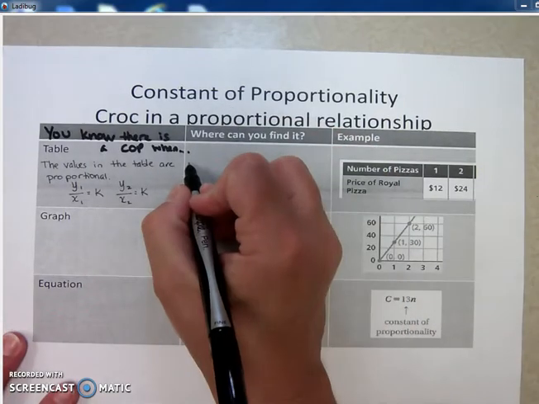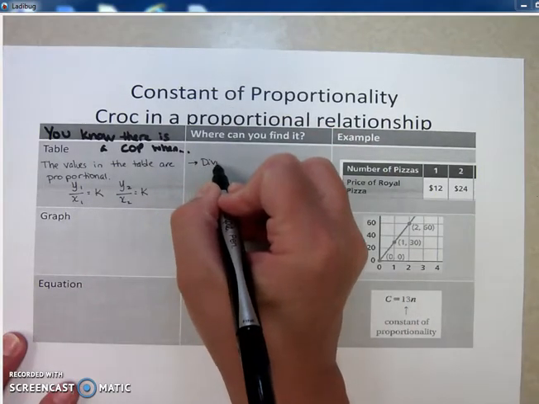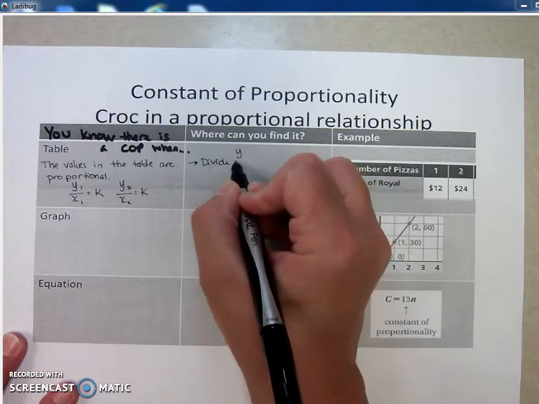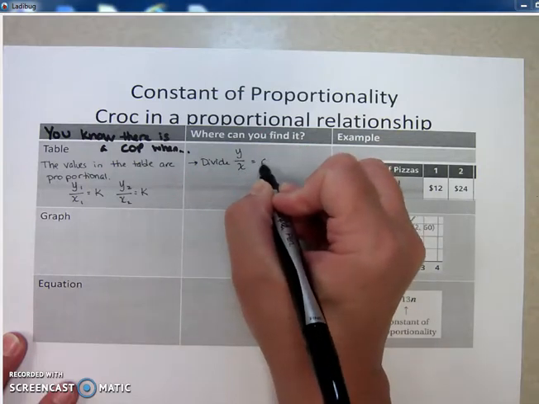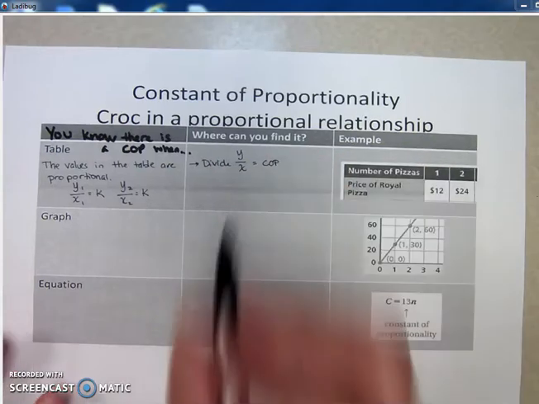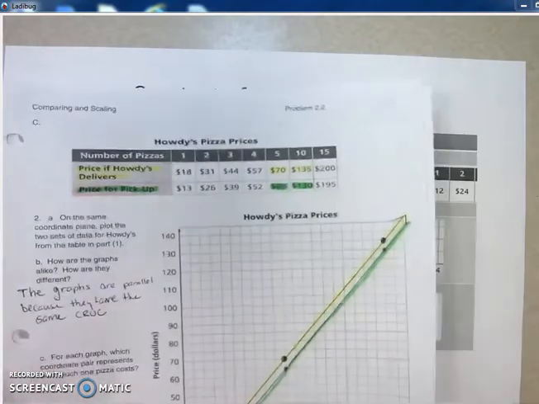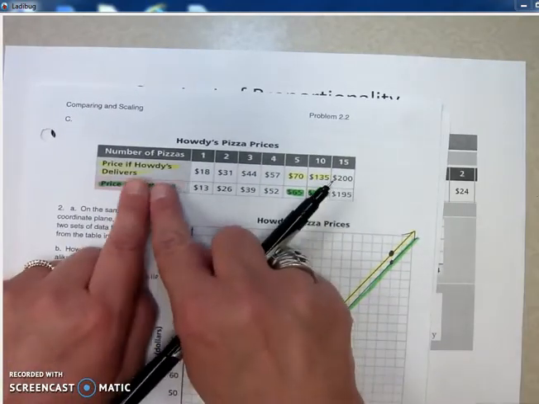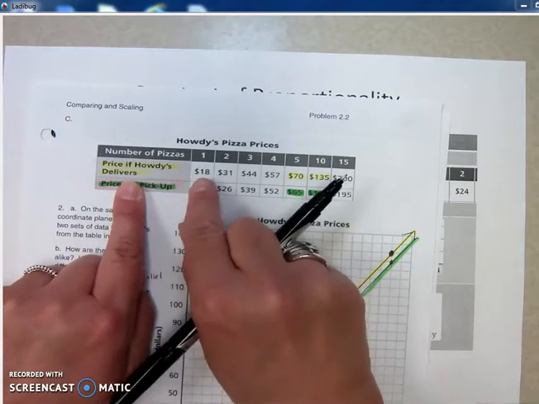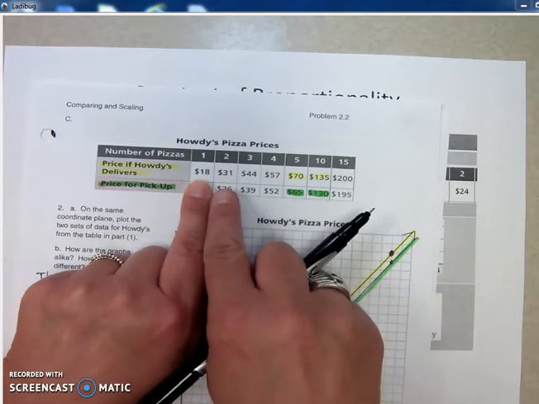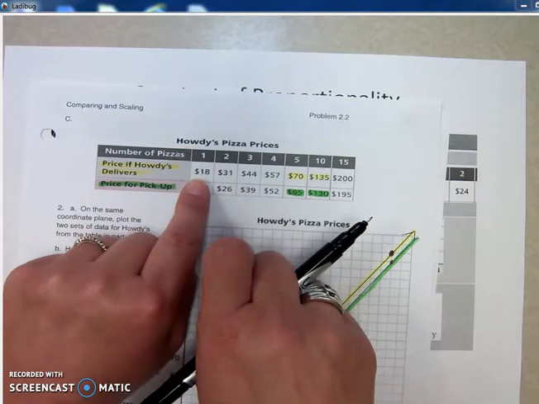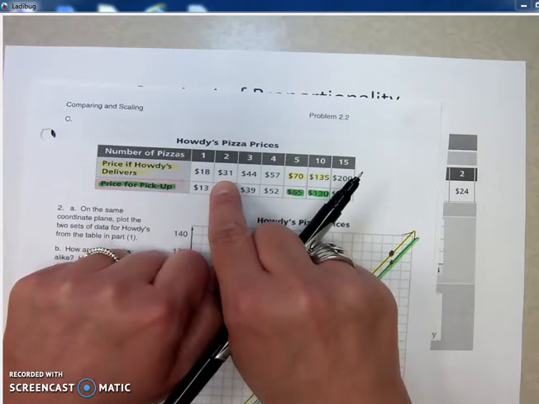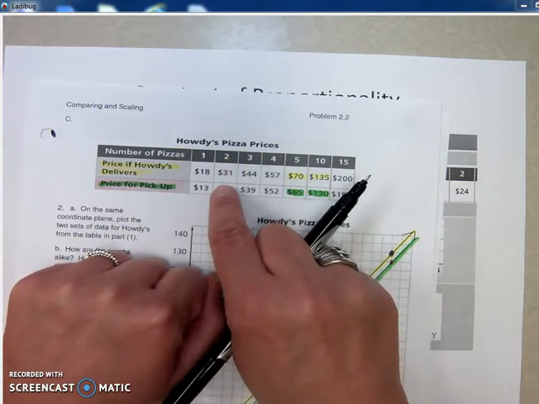So if I divide the y values by the x values, I should get the constant of proportionality. If I try that same strategy here when it delivers, watch what happens. $18 divided by 1 is 18, but $31 divided by 2 pizzas is $15.50.